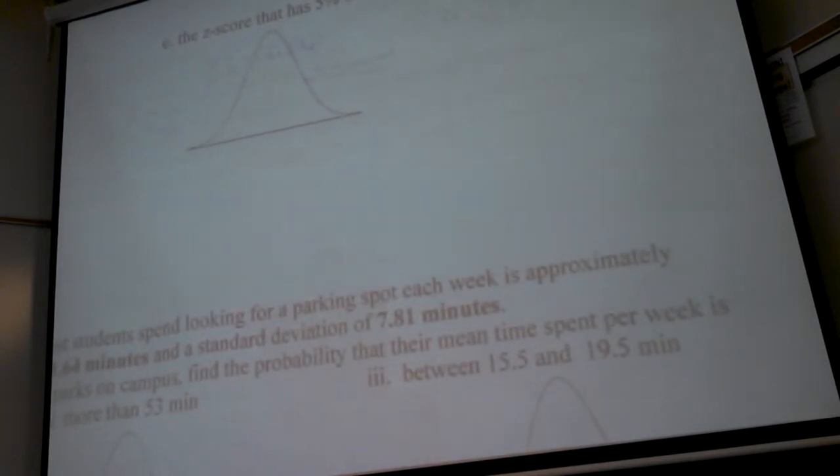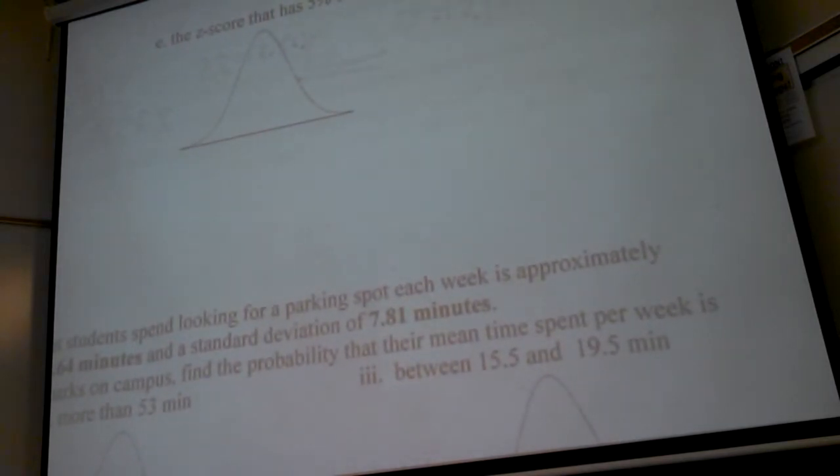Okay. So you guys try part E. The sentence pretty much tells you exactly how to draw it. And you have to remember that the chart only understands the areas that are below the z-score. So it should help you with that.